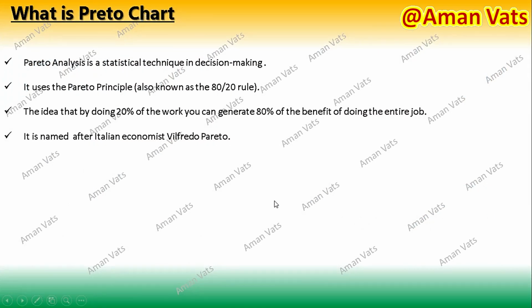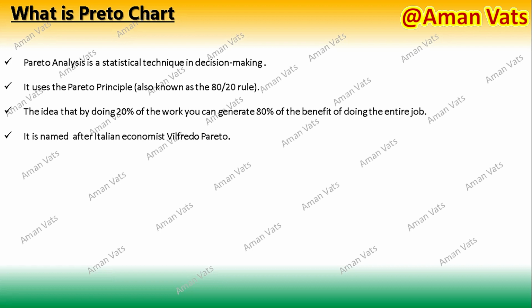So guys, when we talk about the Pareto chart, what is it? The Pareto chart is a statistical technique which is used for decision making and helps us focus on the problems which can give really expected and high-yielding results. This is also called the 80-20 rule, and why it is called that I'll be telling you just now.